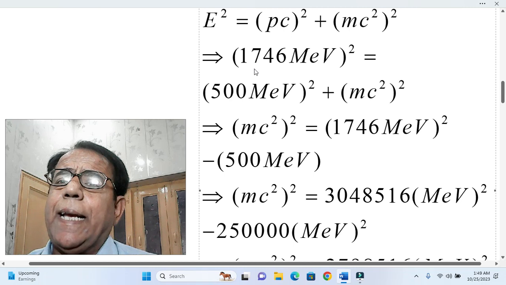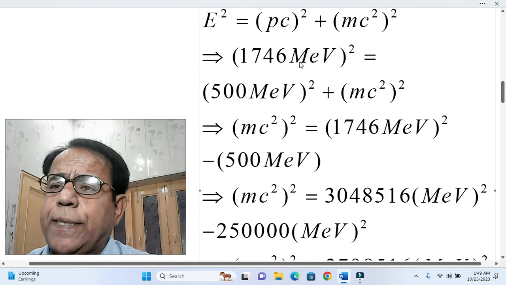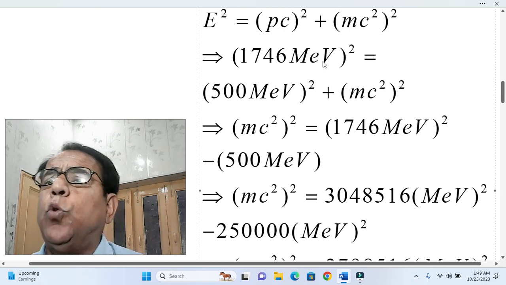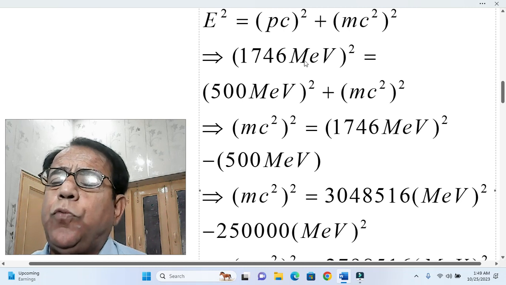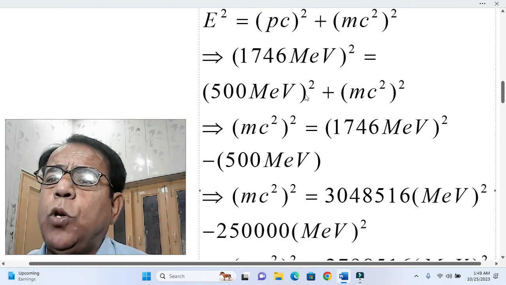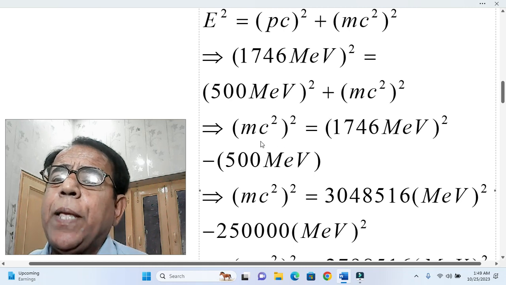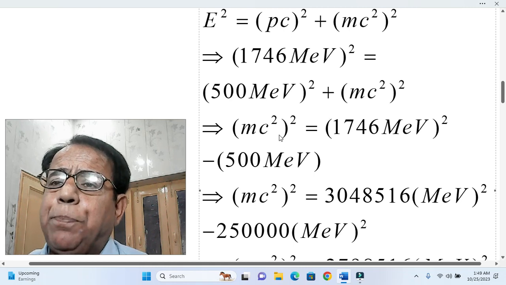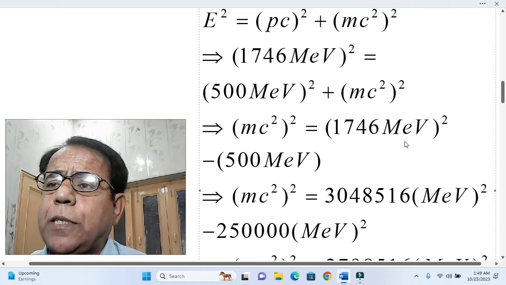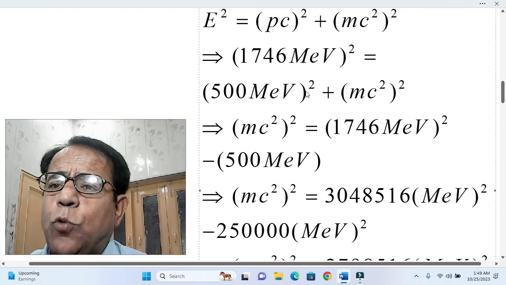This implies that 1746 million electron volt whole square becomes equal to 500 million electron volt whole square plus mc square whole square. This implies that mc square whole square will be kept on one side, and hence 1746 million electron volt square minus 500 million electron volt square.